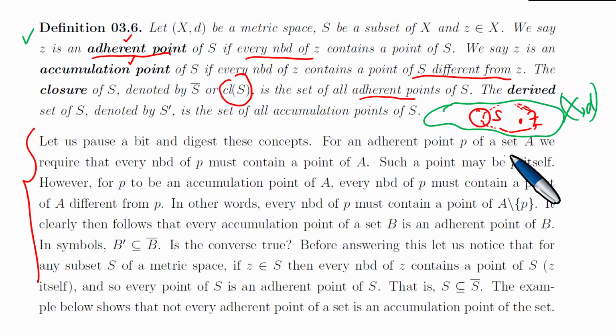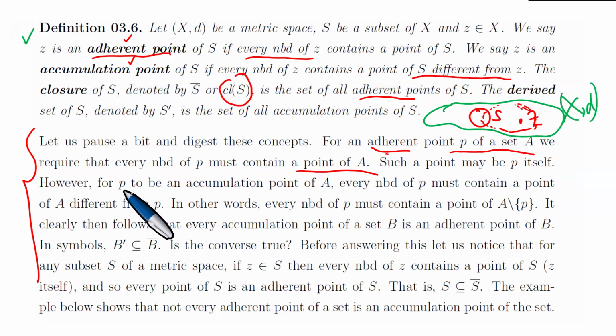For an adherent point P of a set A, we require that every neighborhood of P must contain a point of A. Okay, this is very important. For an adherent point, the points that attach themselves to the boundary, we require that every neighborhood of P must contain a point of A. Such a point may be P itself.